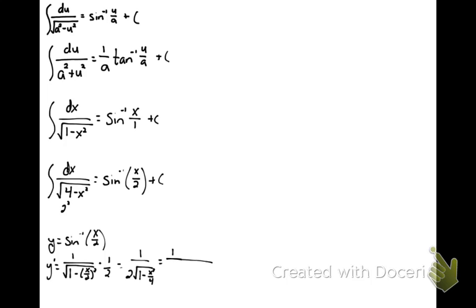So this is just like having the square root of 4 times the square root of 1 minus x squared over 4. And now that we can multiply both radicands together, we end up with 1 over the square root of 4 minus x squared. Right, so the chain rule relationship is taken care of with regards to the integration property that we're giving you.